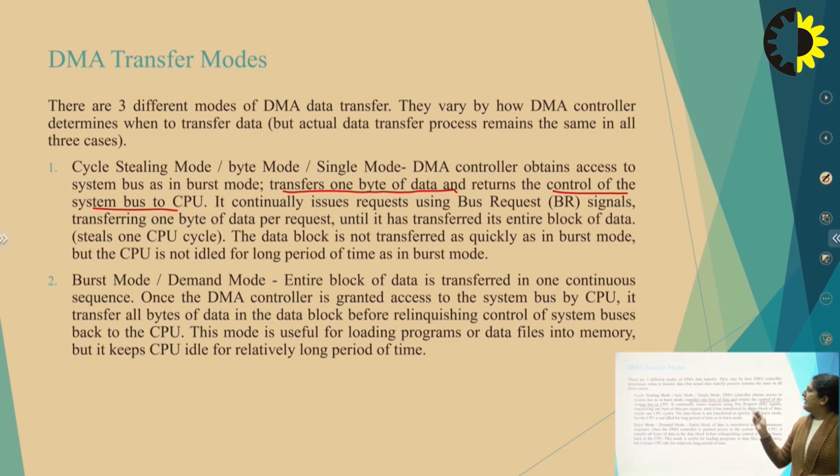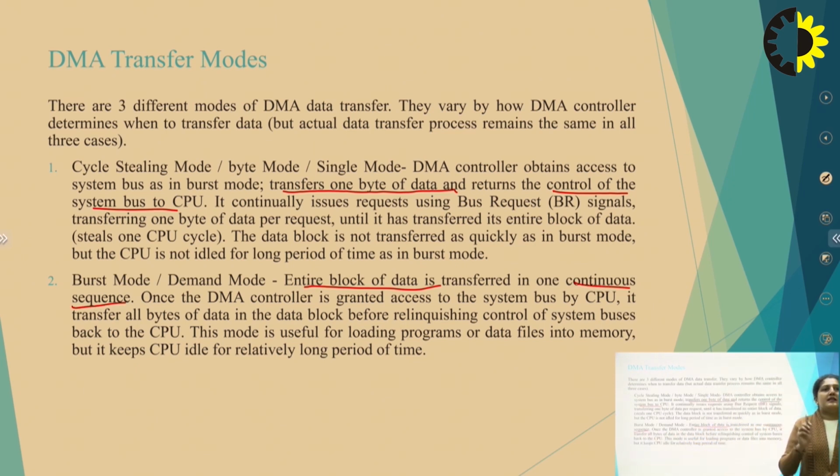So basically cycle stealing is generally used by slow devices like keyboard and monitor, where we have to send 1 byte or a small amount of data. Whereas in burst mode, or demand mode, the entire block or chunk of data is transferred in one continuous sequence.